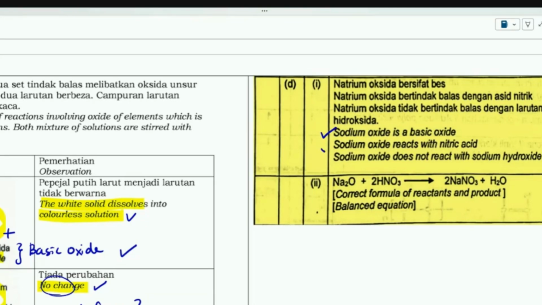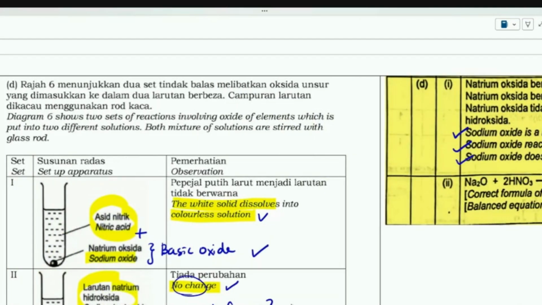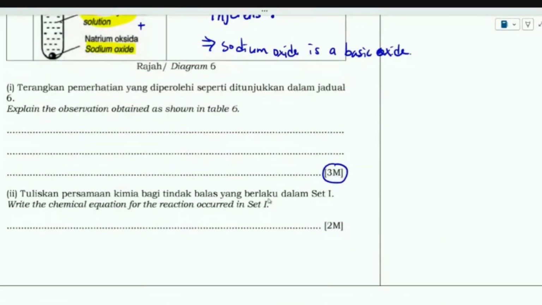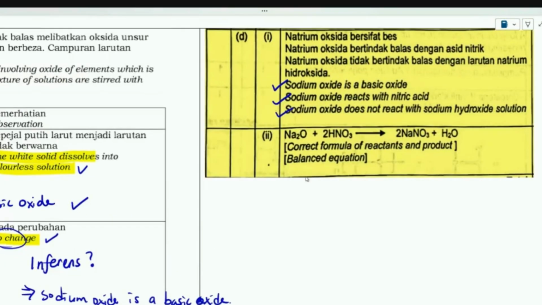Then it reacts with nitric acid and does not react with sodium hydroxide. That is the explanation only. Then the equation, the chemical equation for reaction 1: sodium oxide with acid produces the salt and the water.